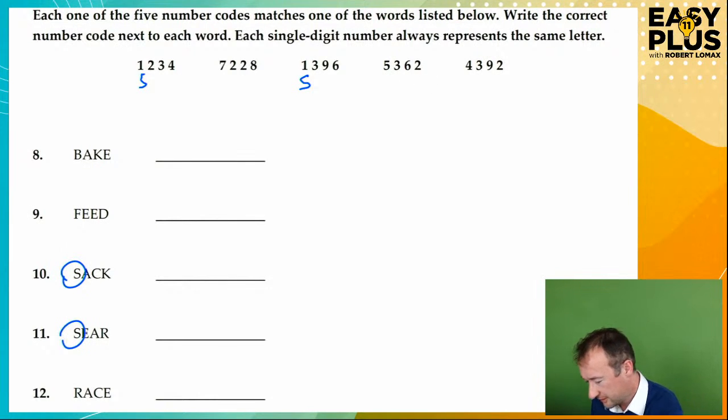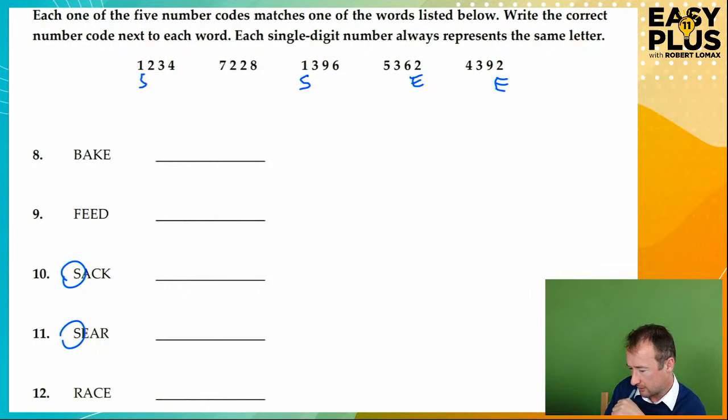So, we can see that 2 is E. Okay, great, as far as it goes. But does that help us with the other words? Are there any other places here where we see the number 2? Of course there are. Here, the number 2.